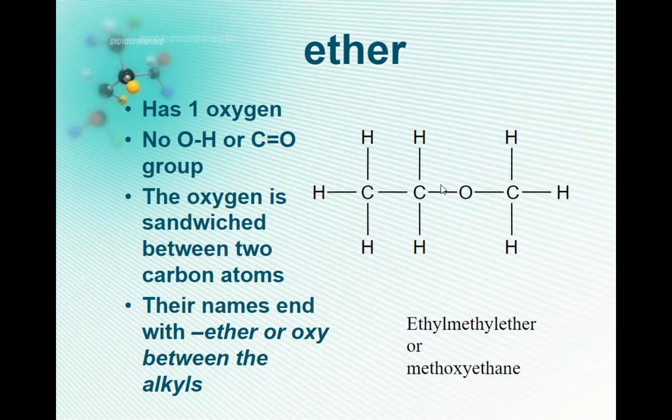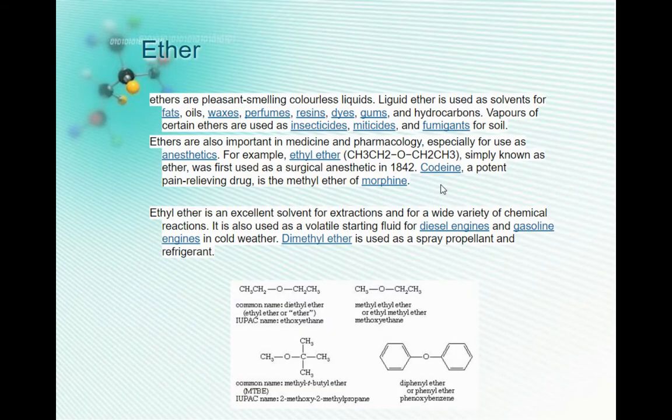Ethers are really super important in manufacturing, and they used to be used as the primary anesthetic. Not so much anymore because it's flammable and they don't want operating rooms catching on fire. But it does knock you out. It puts you to sleep. They use it in the manufacturing of opioids.